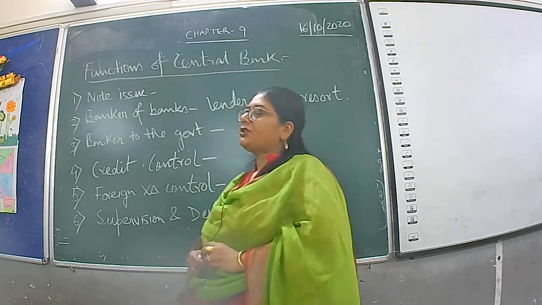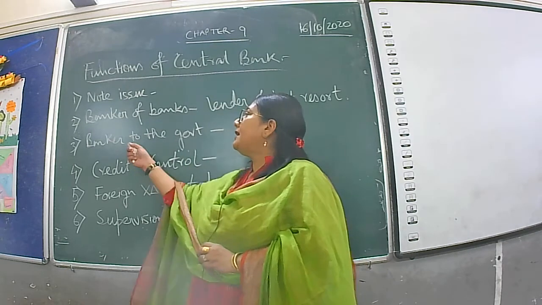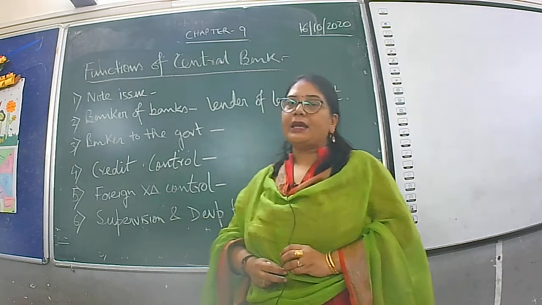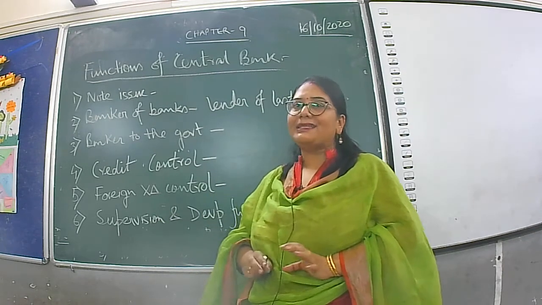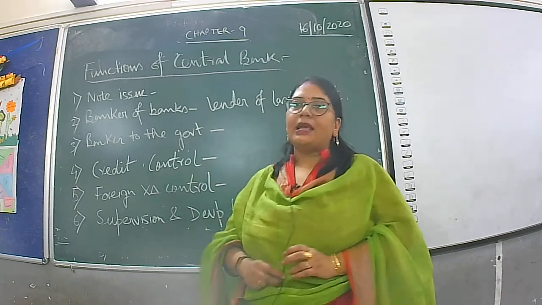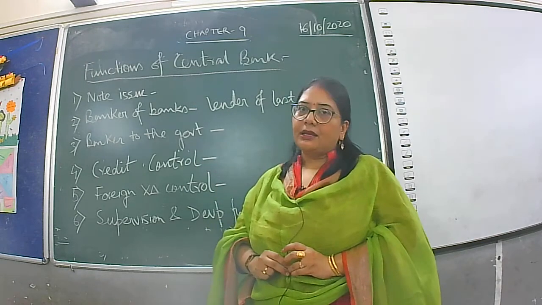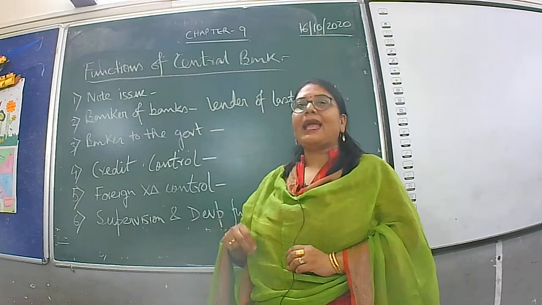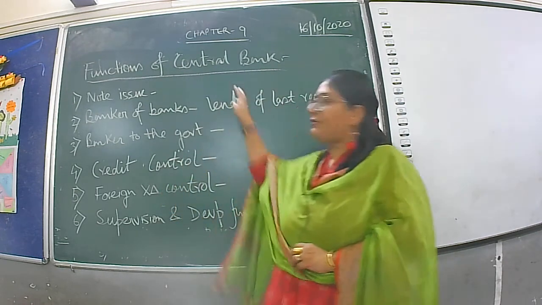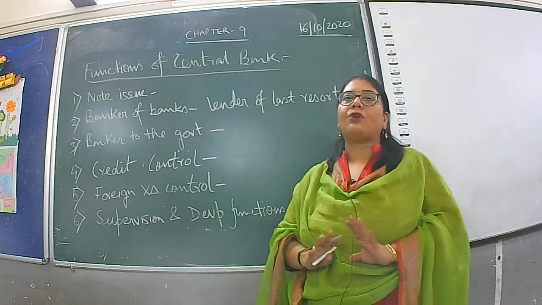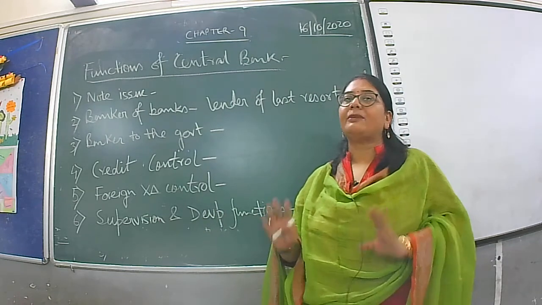The third function of the central bank is that it is banker to the government. A central bank keeps the balances of the government. It acts as a banker. The central bank makes and receives all the payments on behalf of the government.